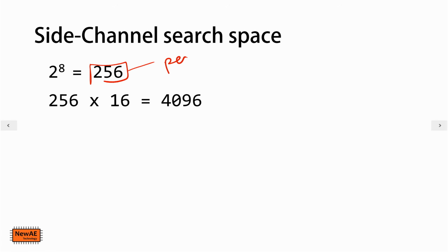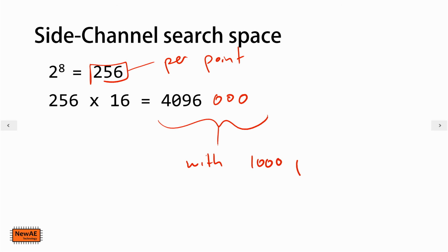And this is really per point. You might have 1,000 measurement points. So you might say, I don't know exactly where the AES was happening, so I have a bunch of different things to guess. But even doing that 16 times, it's still a tiny number. So maybe you add some zeros because you had, for example, 1,000 points, but it's much, much smaller.